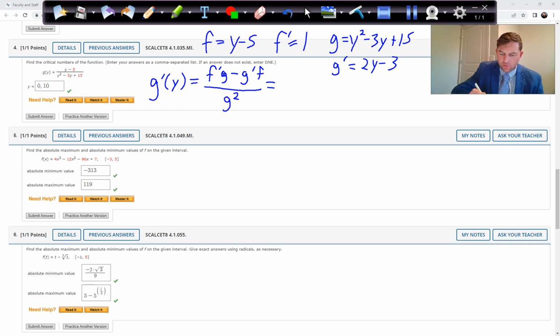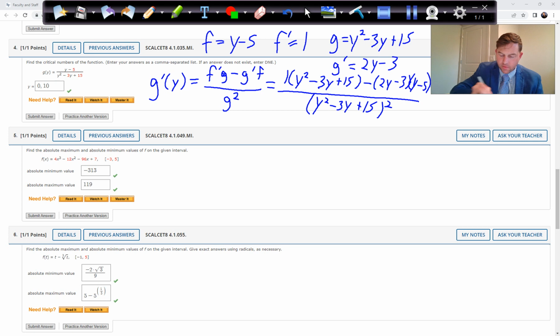So we replace this with these 4 different terms. F prime is 1. G is y squared minus 3y plus 15 minus g prime, which is 2y minus 3, times the original f, which is y minus 5, all on top of g squared, which is y squared minus 3y plus 15 squared. Okay, g prime. We've got to distribute all this stuff on top.